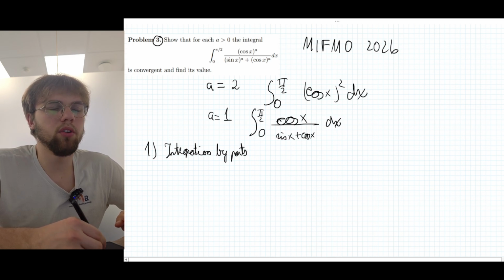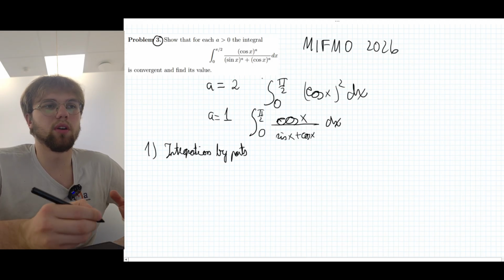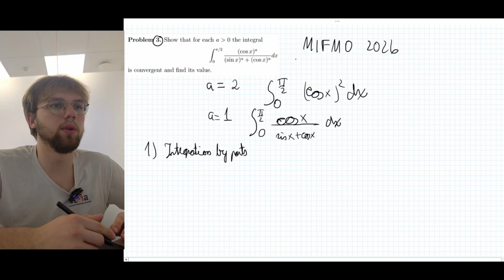And integration by parts doesn't seem that easy either, because we need two parts that match their derivatives quite nicely.